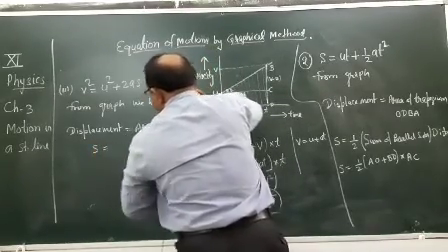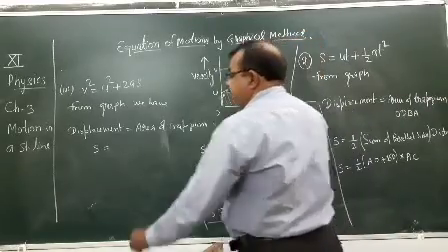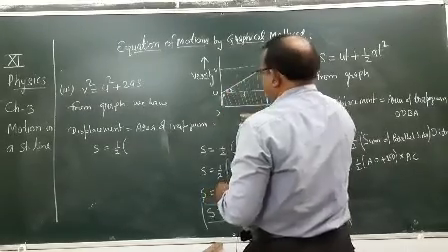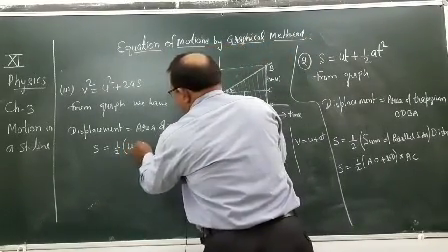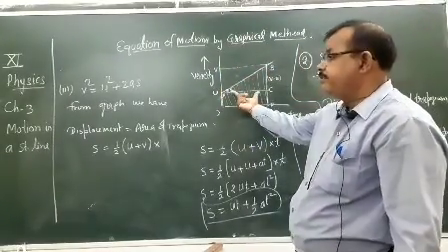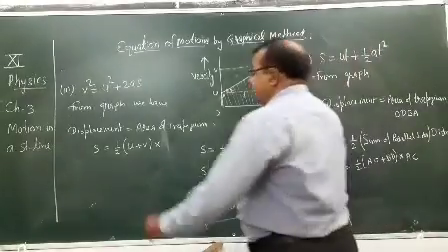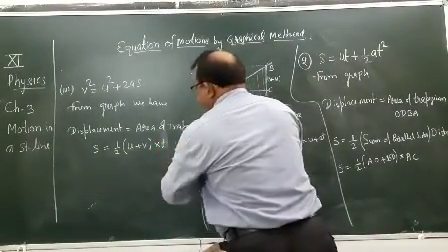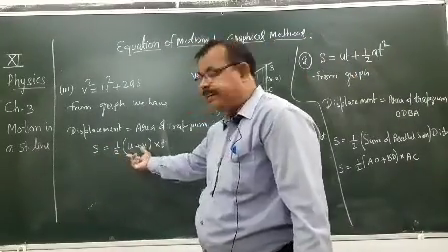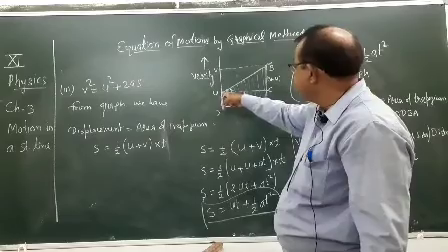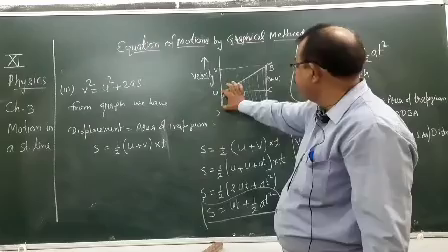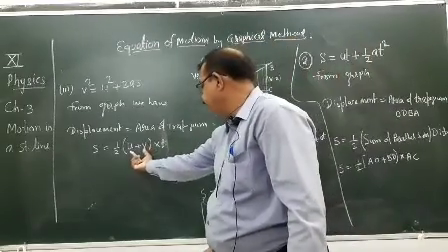So S equals to, same formula here we can use, 1 by 2 sum of the parallel side u plus v, and distance between them, this is t. Displacement S equals to 1 by 2 sum of parallel sides. Parallel sides are AO and BD. Okay, sum of these two sides. This is the U and this is the V. So sum of U plus V.